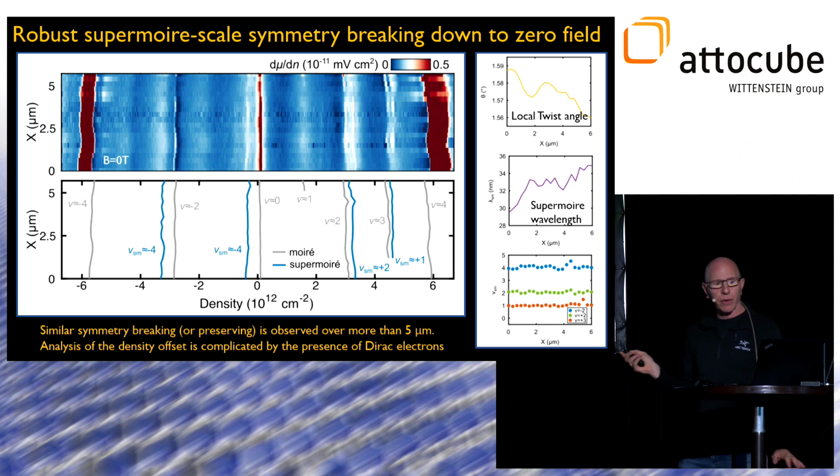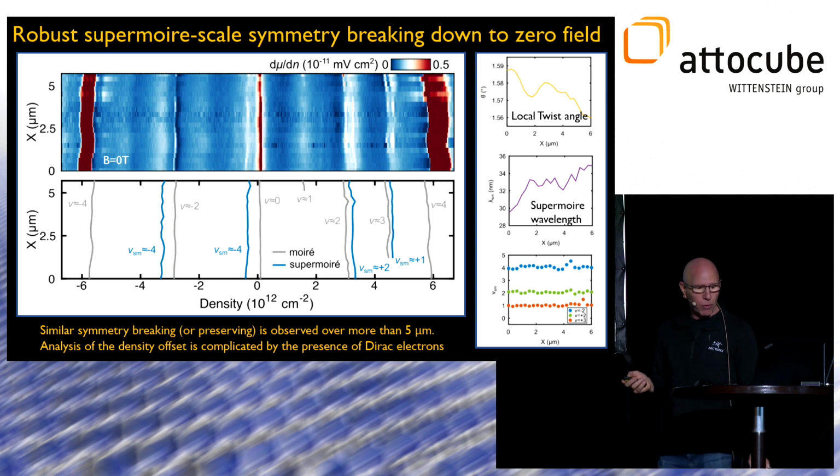And you see that that is very robust. Filling factor 3 has a single-fold supermoire degeneracy, as we expect. Filling factor 2 has a 2-fold, and filling factor -2 has a degeneracy of 4, which is the puzzle.